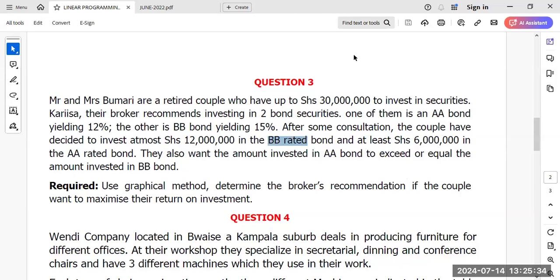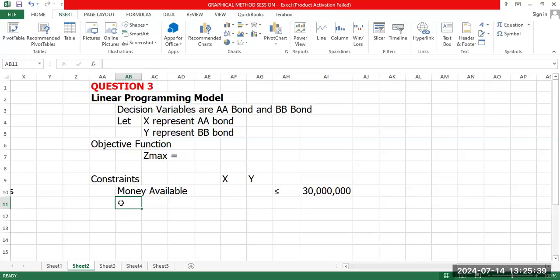So we come back here and put this is BB, the investment available. You can use the word investment.